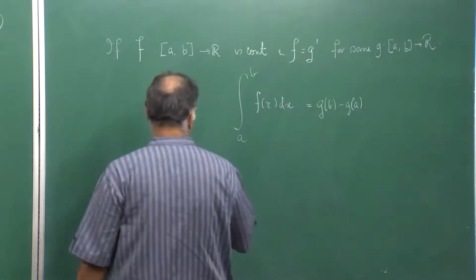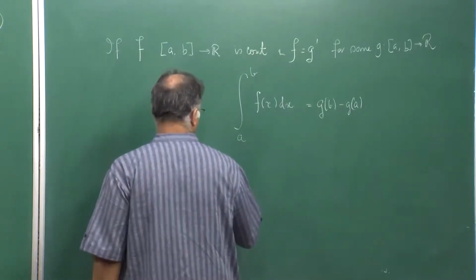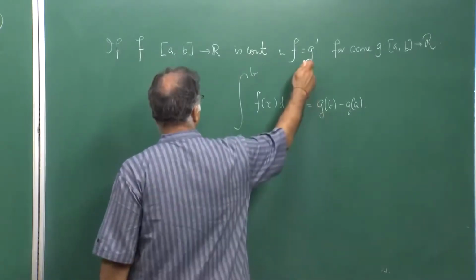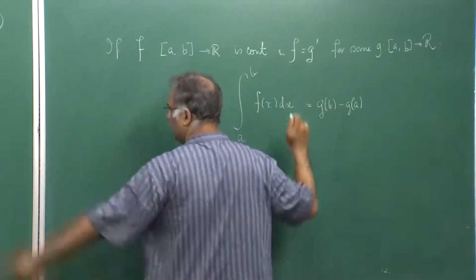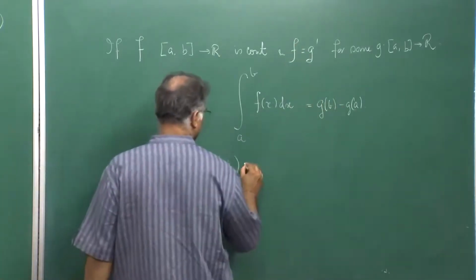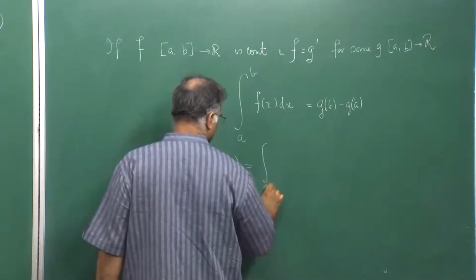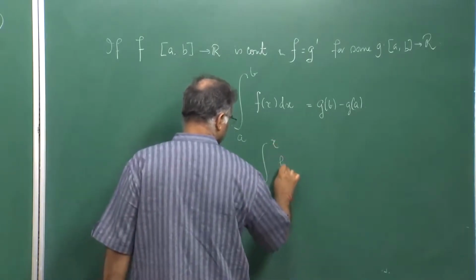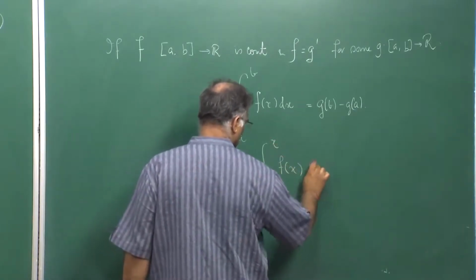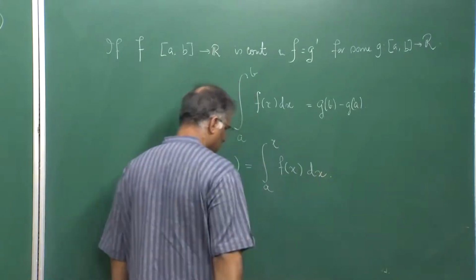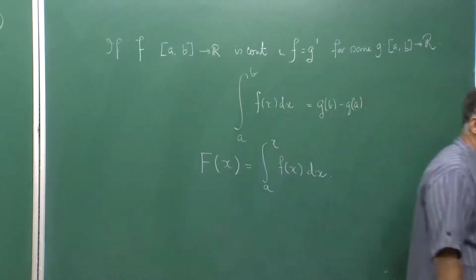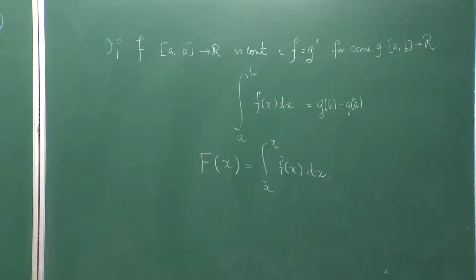So, never think that because of the capital F which was given, there must be this g. So, what does it say?